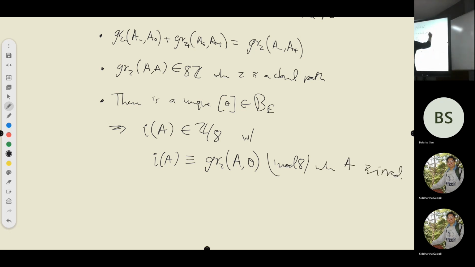I should mention this over here also, when A is irreducible. If A is a critical point, then there can't be a closed path, right? There can be.